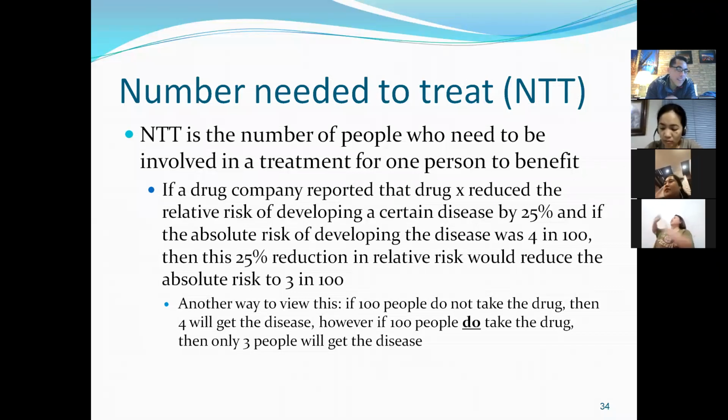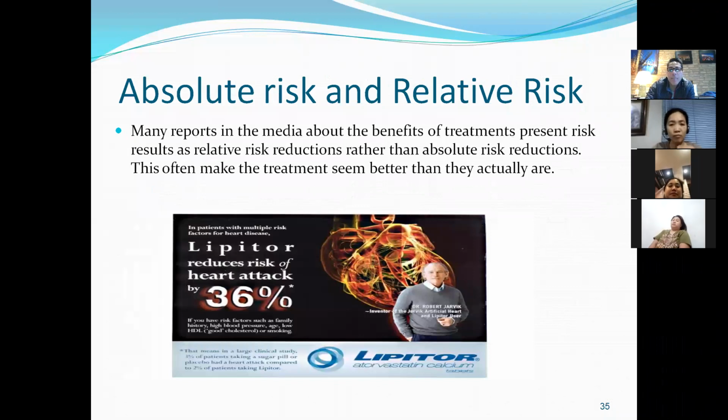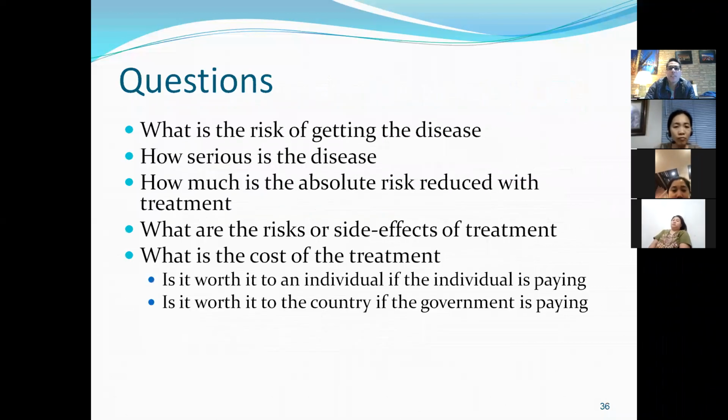That's why the guidelines for mammography and the guidelines for PSA testing are always changing based on the latest statistics, because they have to really base their recommendation on the number needed to treat. So here's an example of the Lipitor, which I will let you read because we're running out of time.